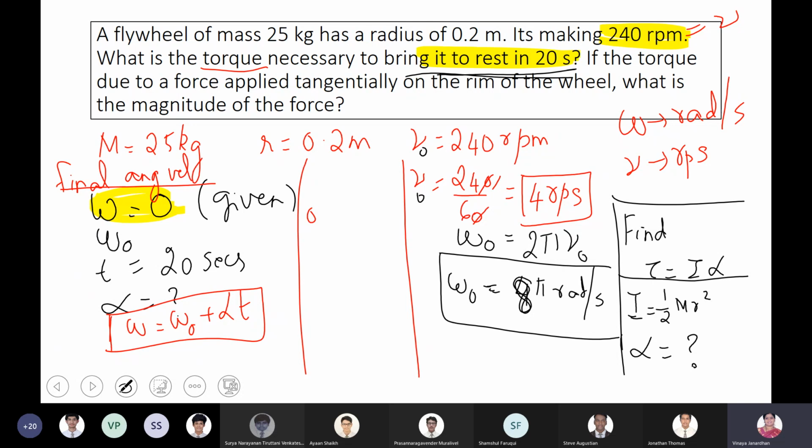Now find what is alpha, boys. Alpha t is equal to omega minus omega naught, so alpha is equal to omega minus omega naught by t. It's a deceleration. Omega is 0, omega naught is 8 pi, divided by time, which is 20 seconds.